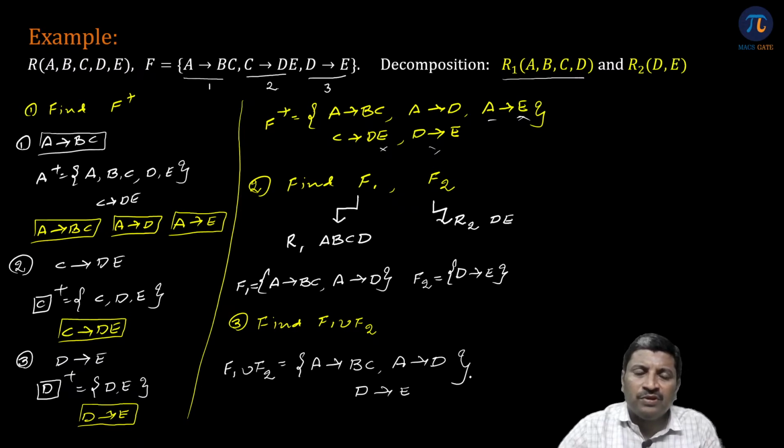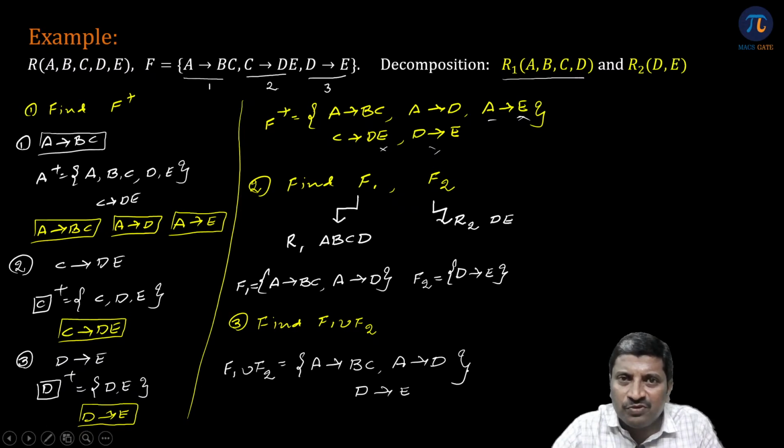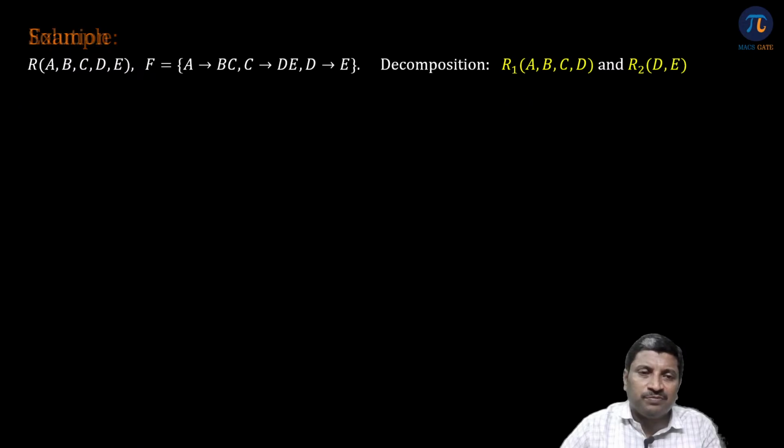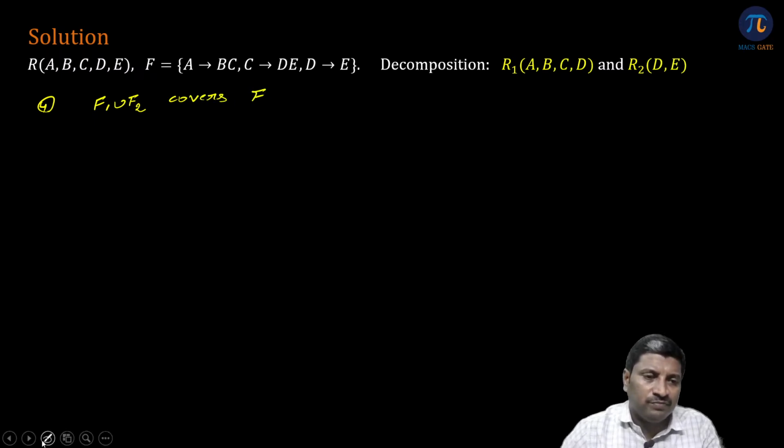So we completed the third step. What is the next step? We need to verify whether this union covers the given F or not. In F1 union F2, we have three FDs: A implies BC, A implies D, D implies E. Let us verify whether F1 union F2 covers F or not.